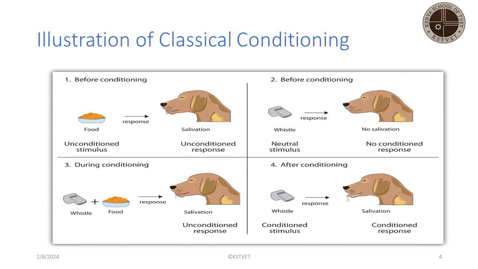There was no connection between the bell and salivation only. Yes, there was a connection between the bell, the food, and salivation. But the bell and salivation only, no connection. Nobody salivates when the doorbell rings. It just doesn't happen.